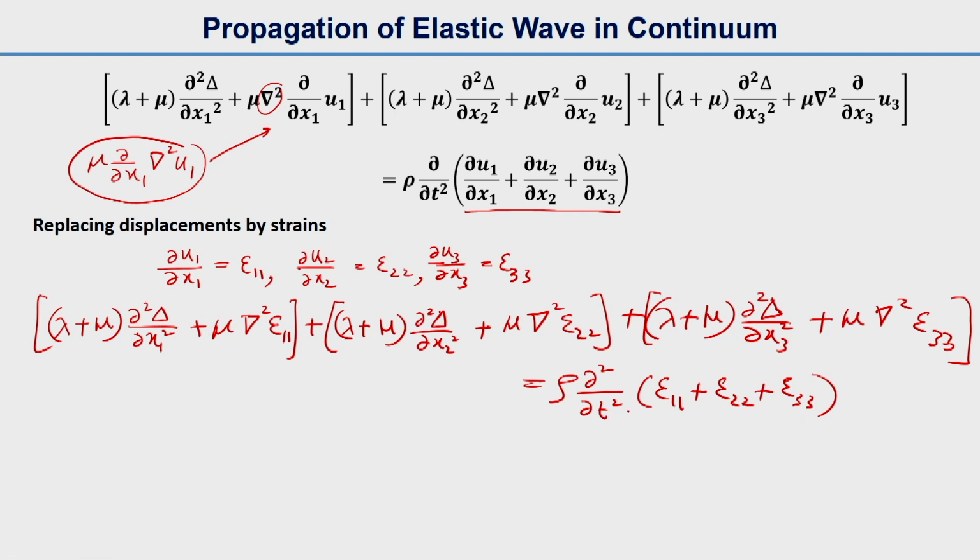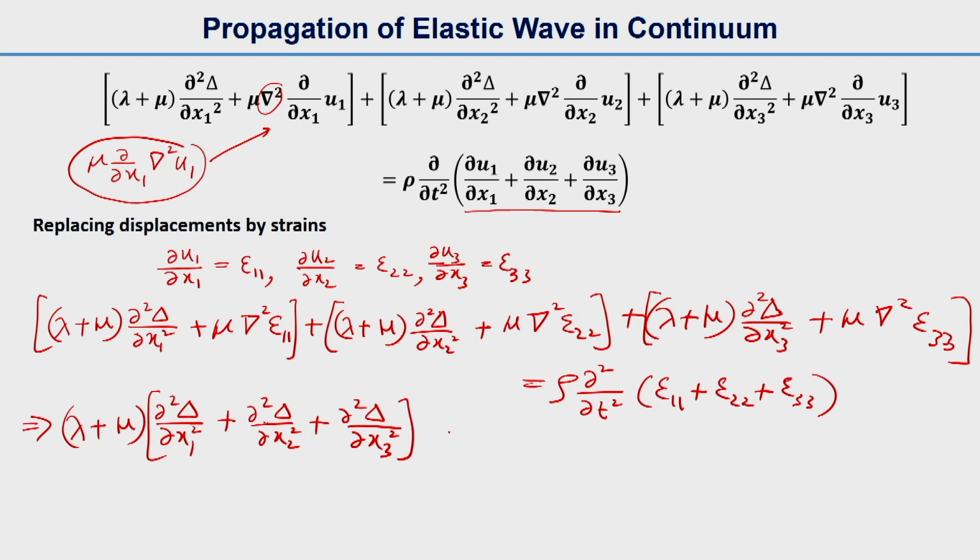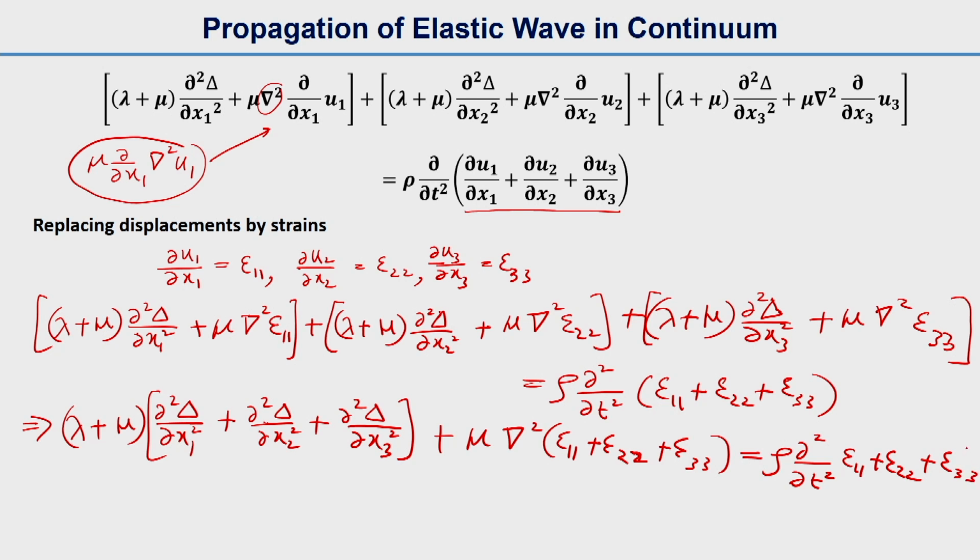Then grouping similar terms, we get lambda plus mu, delta with respect to x1, plus x2, plus x3, plus mu, epsilon 1, 2 and 3 is equal to rho epsilon 1, 2 and 3.